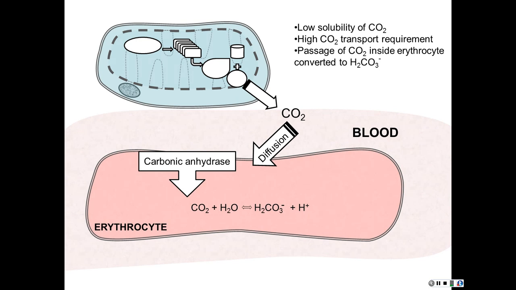It gets transported from all these distal tissue cells, mainly through blood cells. And that's because CO2 diffuses into the blood cells, and then carbonic anhydrase converts it into bicarb and hydrogen ions.